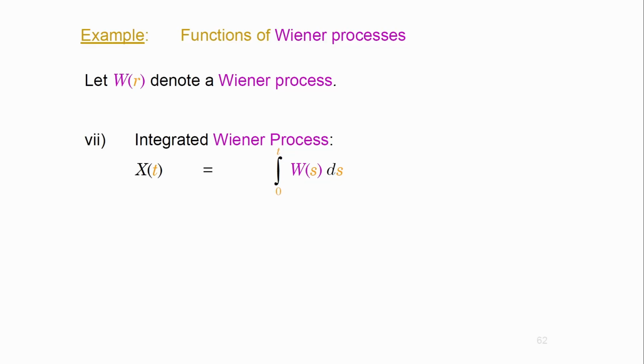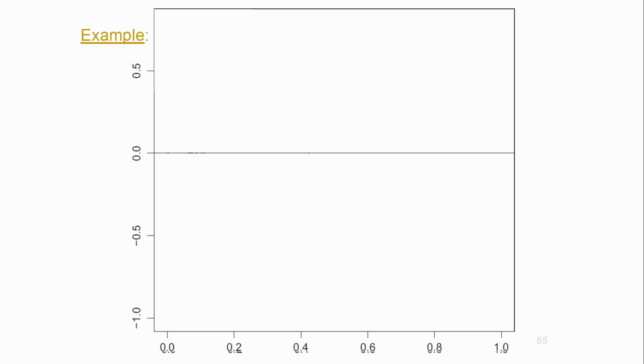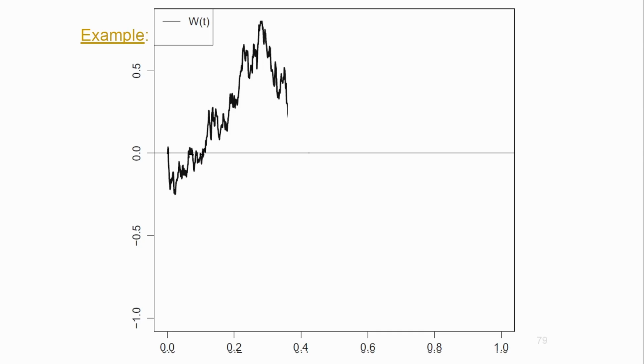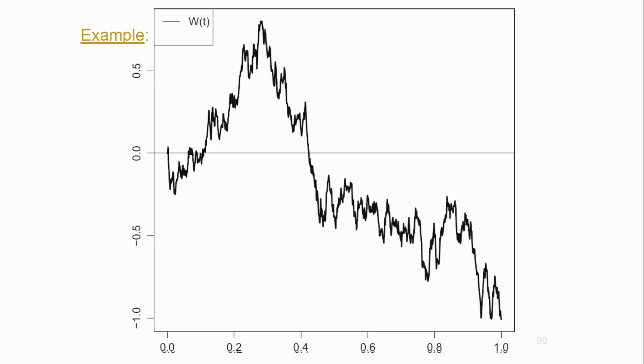Just have a look. For example, I was looking at a path of a Wiener process here. If it goes down, this area, as we will look at later on, would be a negative one, although there is no such thing as a negative area, but in terms of an integral, that doesn't really matter. So let's say this is a path of a Wiener process, and the area that it generates is called the integrated Wiener process here, given by x.